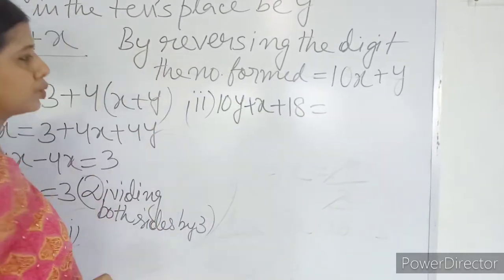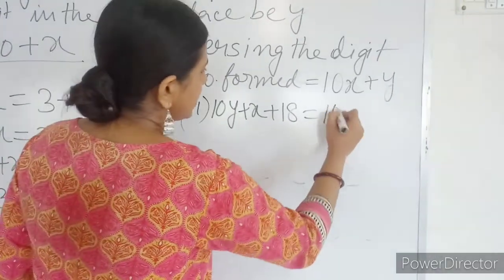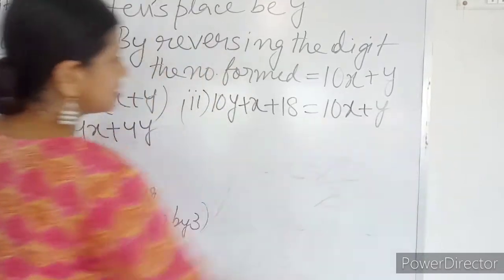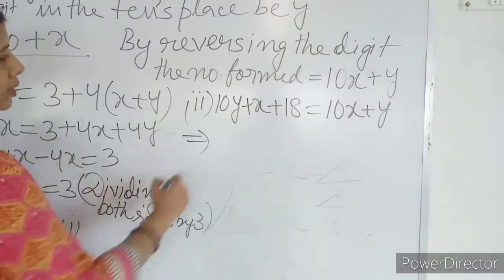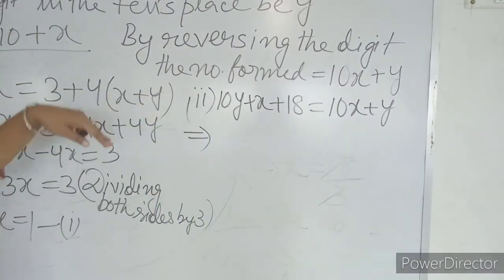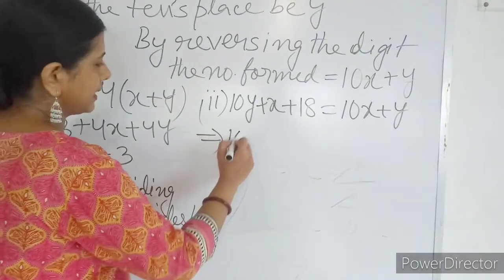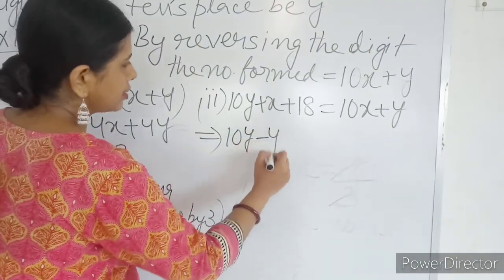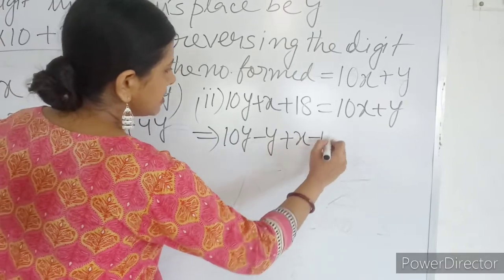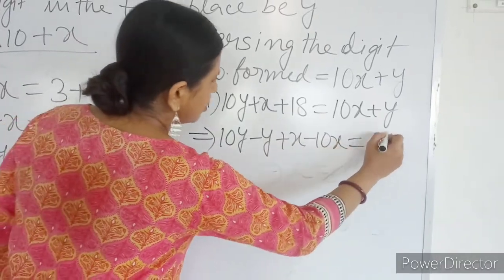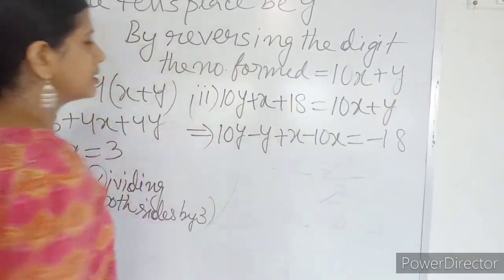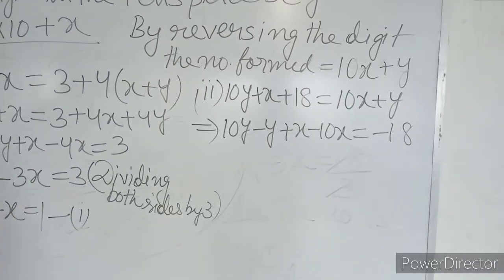Again I bring the algebraic expressions to one side: 10y minus y plus x minus 10x equal to minus 18. 18 is going to that side, so it is becoming negative.